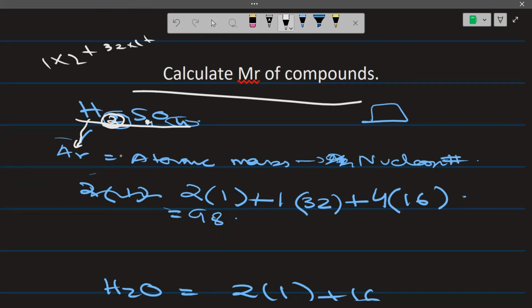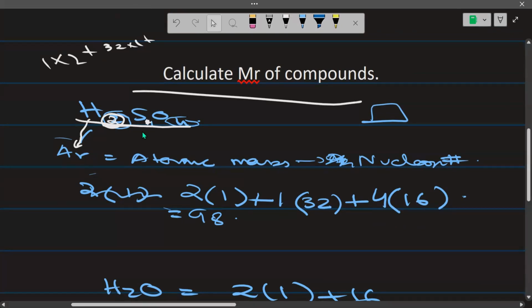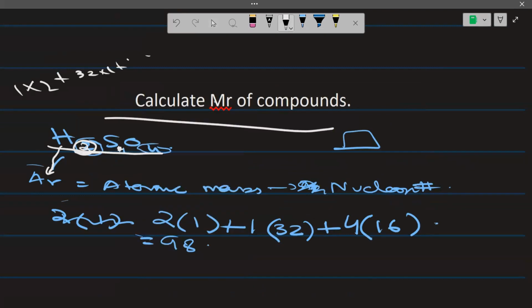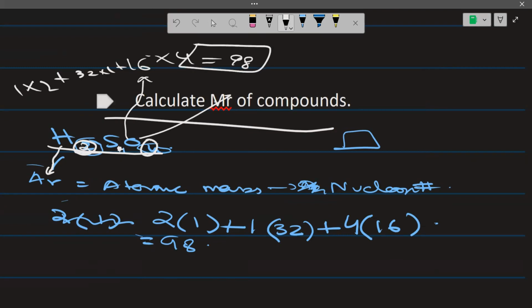With it we add O. Oxygen's AR is 16, and here the number is 4, so we multiply 16 by 4, and its answer will be 98. So basically the MR of H2SO4 is 98.